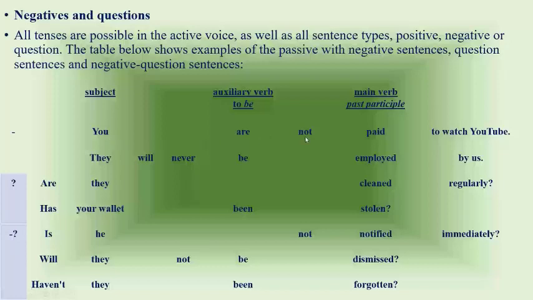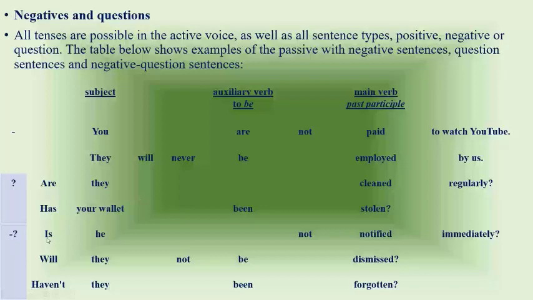You are not paid to watch YouTube. Not makes the sentence negative. You are, the auxiliary verb to be, in different forms according to the tense. Are they cleaned regularly? Has your wallet been stolen? Question.